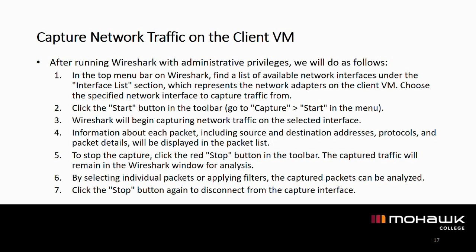You will see a scrolling list of captured packets in the main window. Information about each packet, including source and destination addresses, protocols, and packet details, will be displayed in the packet list and scroll up.